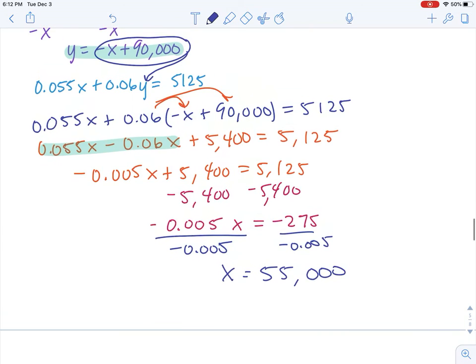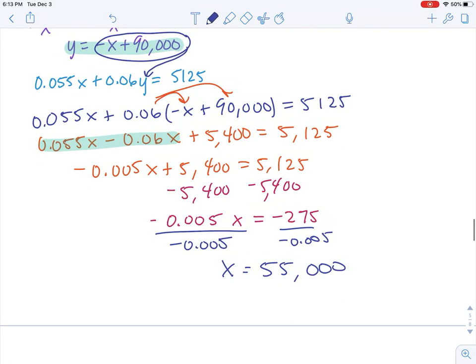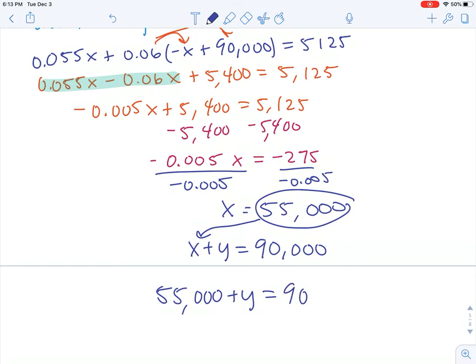So if x is 55,000 and x plus y is 90,000, I went back and got one of the original equations. I can take x equals 55,000 and plug it in, and solve for y.